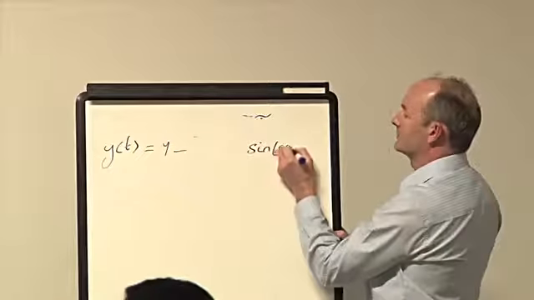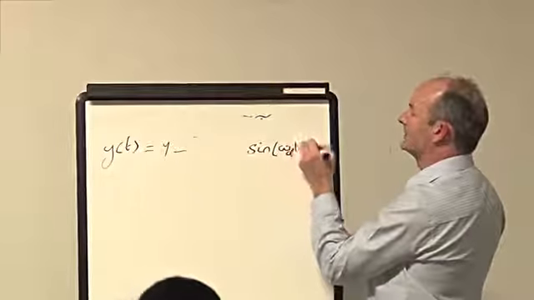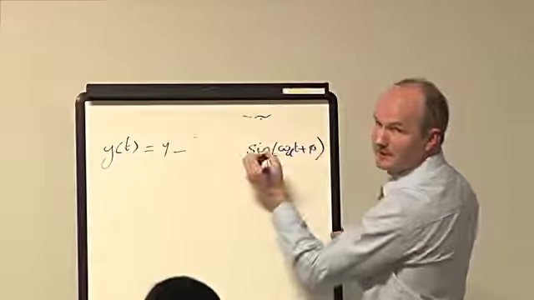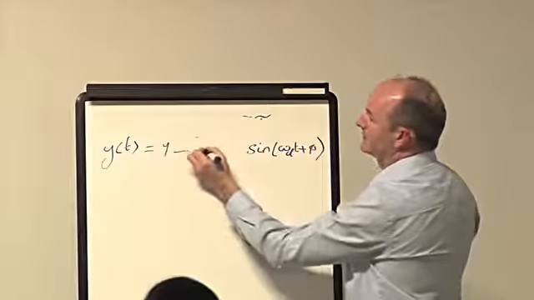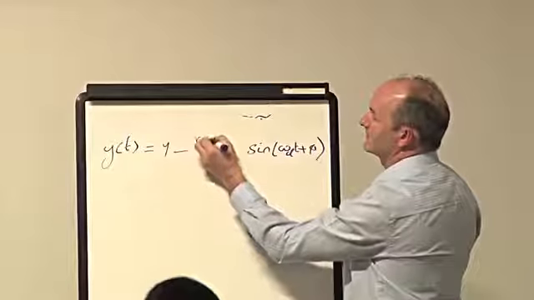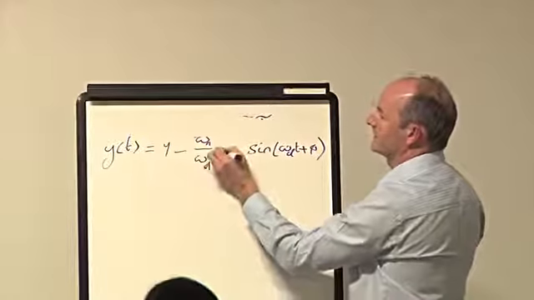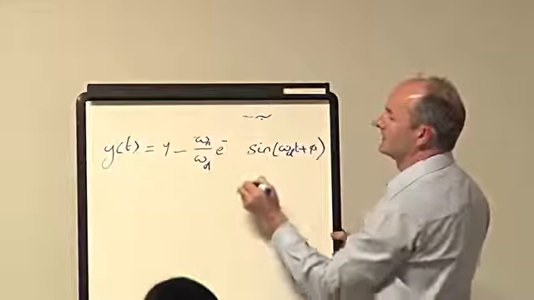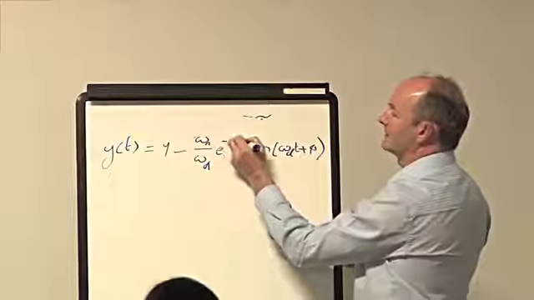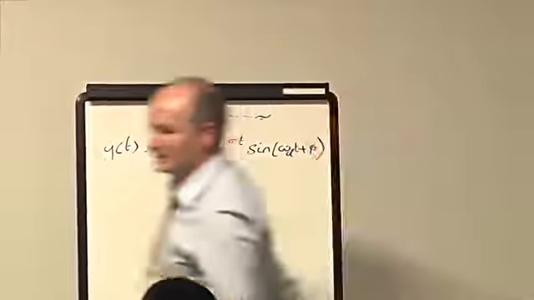We don't need this one because they're not being asked. Omega d times t plus phi. And then there was a term in here, right? There was a quotient, and that was omega n over omega d, great. And then there was an exponential. What was in the exponent? E to the minus sigma t. Great, you make me very happy. E to the minus sigma t.